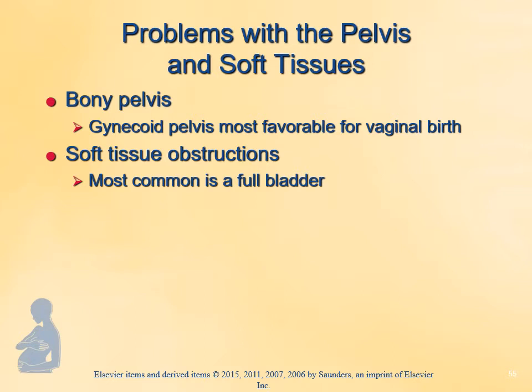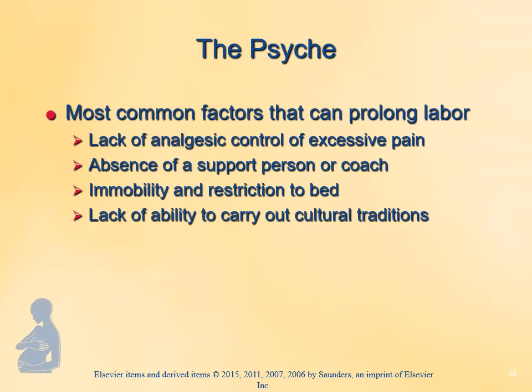So that's one of the reasons why we try to encourage our patients to void frequently, empty their bladder, so that that's not preventing that fetus from moving down. And then we also see soft tissue obstructions more commonly with our obese patients. So it's just another reason why we hope that our patients maintain healthy weights throughout their pregnancy.